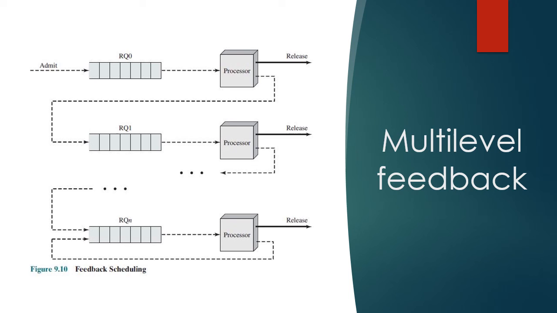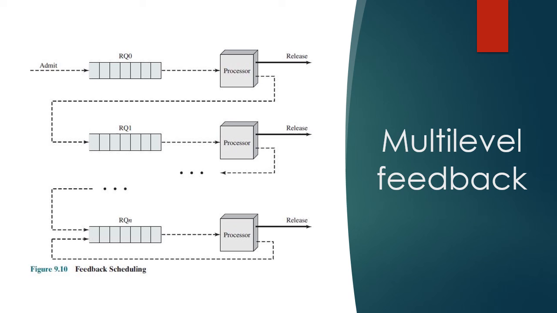Look at this example of multi-level feedback. A system has n plus 1 priority levels from 0 to n, 0 being the highest and n being the lowest priority level. In this example, the smaller number represents a higher priority level. Each priority level has its separate ready queue. A process is added to the tail of the ready queue of level 0.